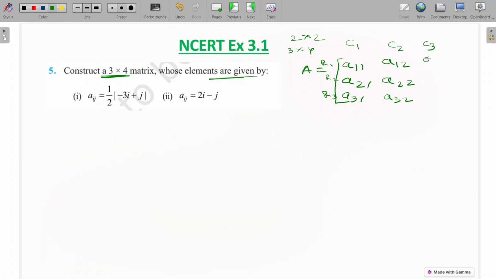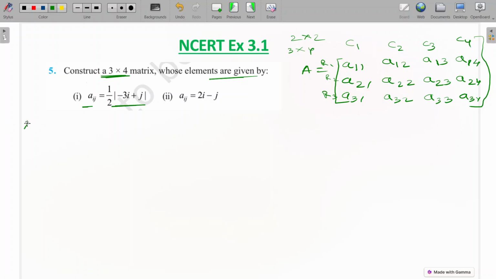For C3: first row third column, second row third column, third row third column. For C4: first row fourth column, second row fourth column, third row fourth column. So this is our matrix. Now here aij is given as half of the mod of minus 3i plus j.